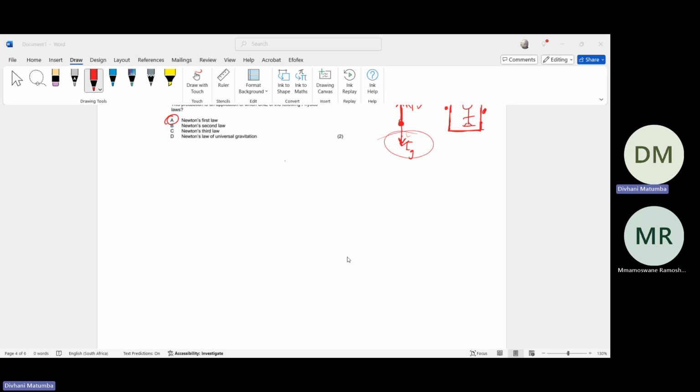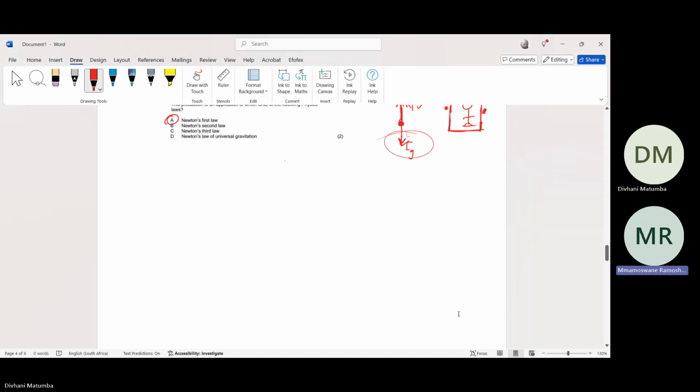And don't forget to consider the radius. Yes, sir. But if you're dealing with a small object, you don't have to worry about the radius because it's extremely small.